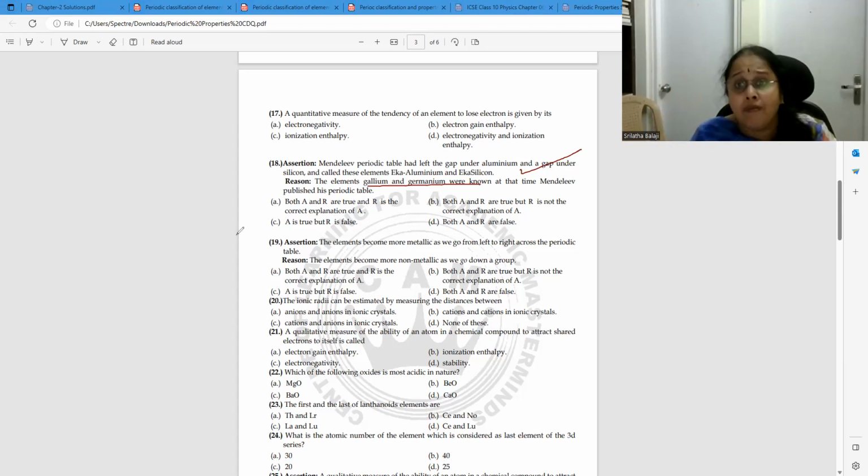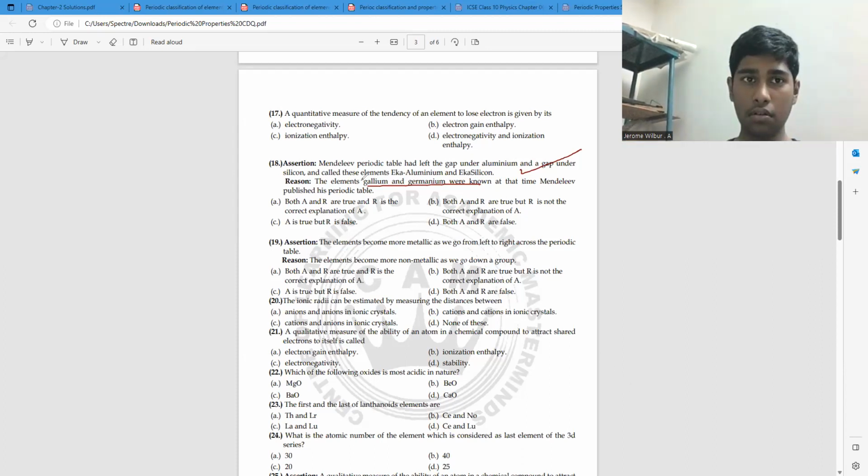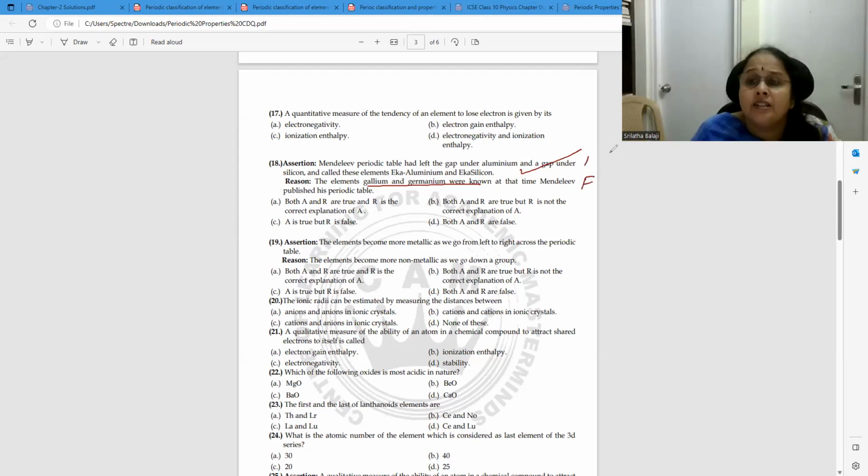But at the time of publishing, these were not existing. Because they were not existing, the concept of Eka came. So what's your answer? Option C. Assertion is true, reason is false.